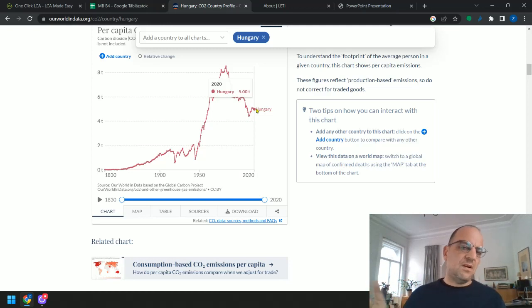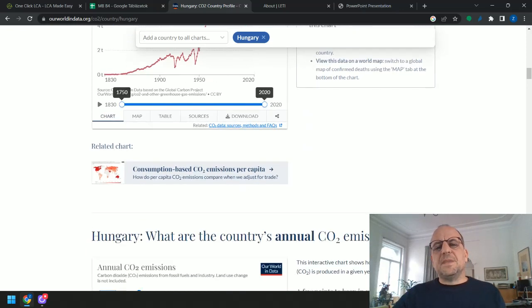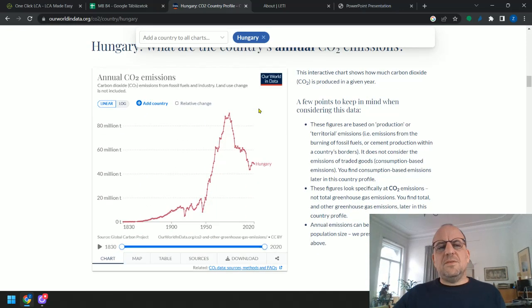It's relatively not too high. And also, if we compare it to the annual emission of Hungary, which is over 48 million tons, it is almost nothing. But of course, it tells us not too much about the building's environmental quality.